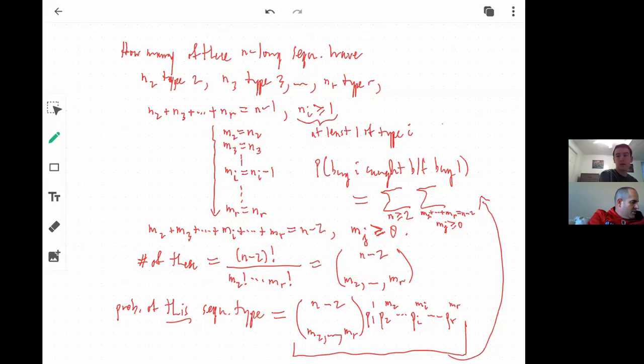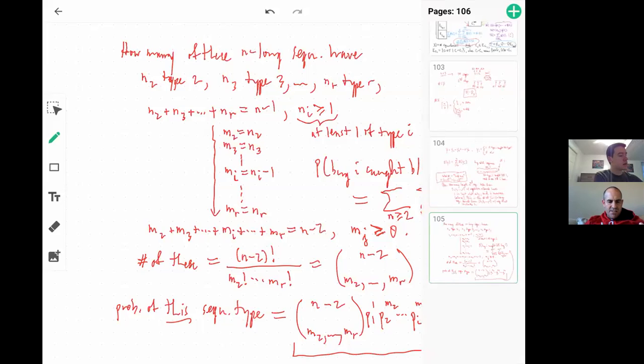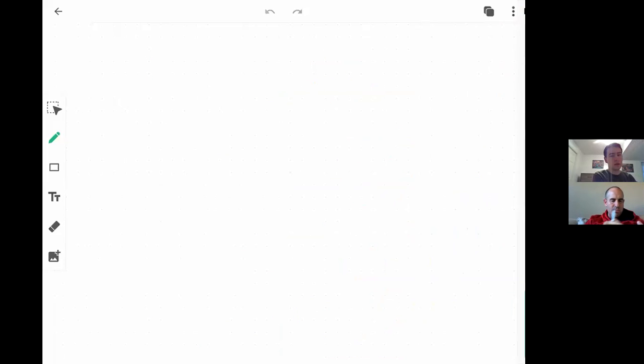We actually wrote down the multinomial theorem in this class at some point. Well, we talked about the multinomial coefficient back in chapter 1, I think, when we were doing all of the counting stuff. I'm trying to think if there's a way to simplify this sum.